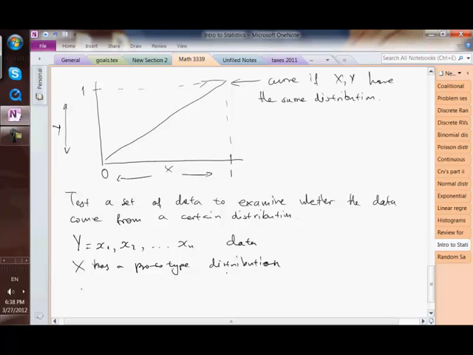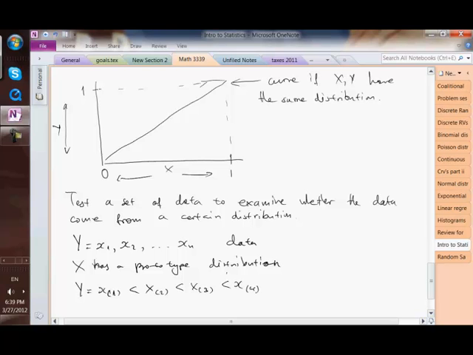The first thing that we do is that we take the data y and we order them. I order them according to increasing magnitude, not by the indexing as they have been collected.